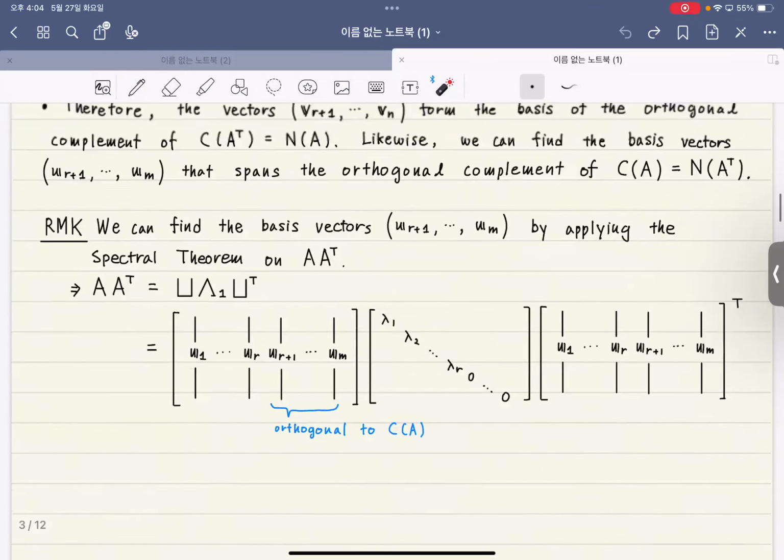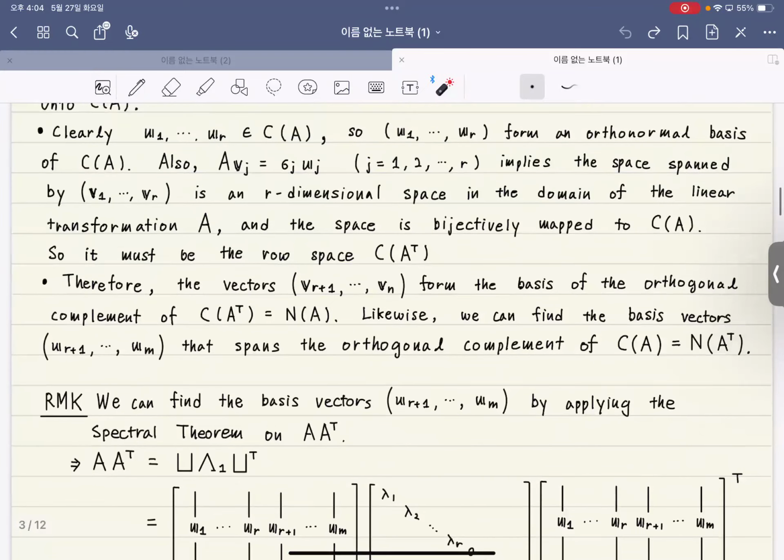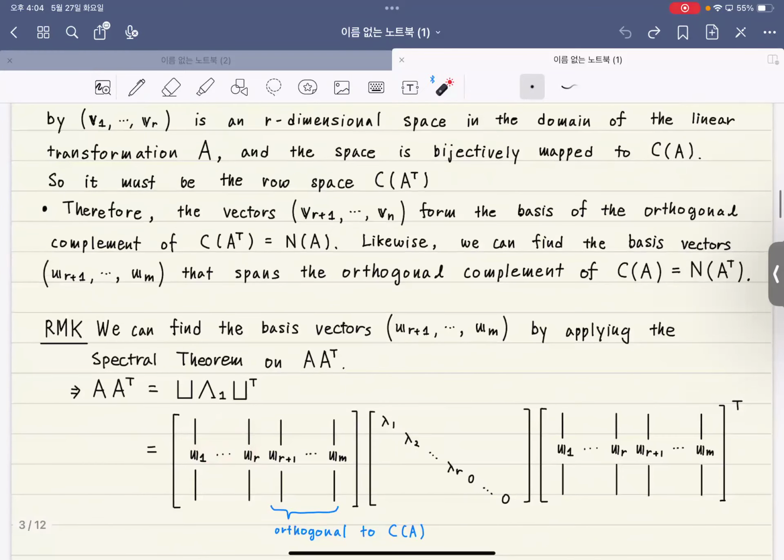Therefore, these vectors are going to be the eigenvectors of these eigenvalues. Because of the spectral theorem, these basis vectors are still orthogonal vectors, and they are orthogonal to the space spanned by these vectors. So these are orthogonal to the column space of A. That means these basis vectors are going to be the basis for the orthogonal complement of the column space.